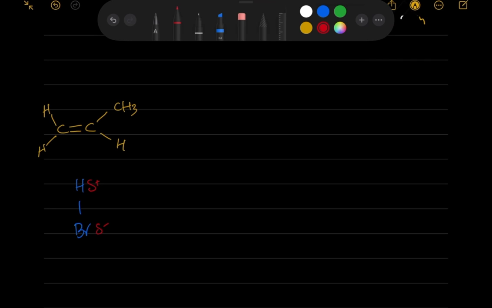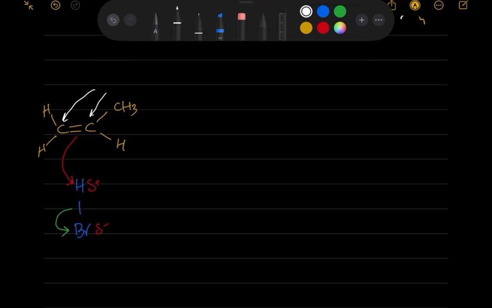As a result of this, the attack will happen. So one of the carbon atoms on the double bond will be bonded to the hydrogen, and the bond will be broken heterolytically and produce a bromide ion. The hydrogen will be bonded either to this carbon or this.